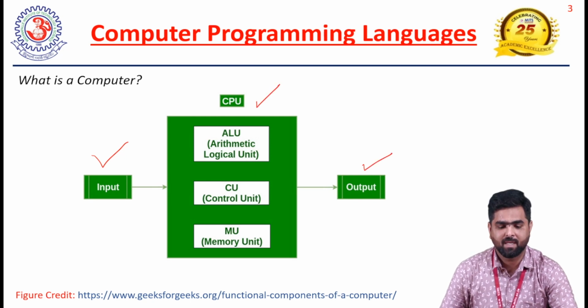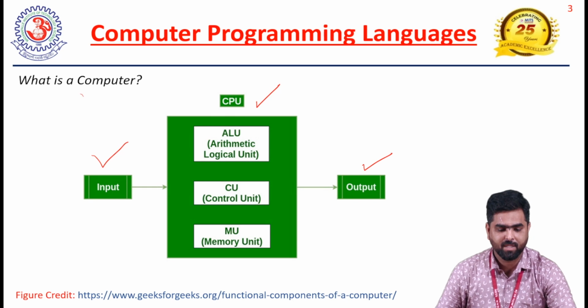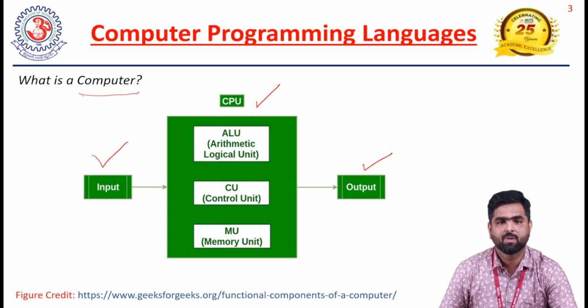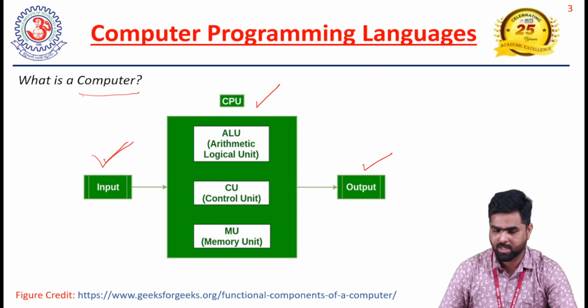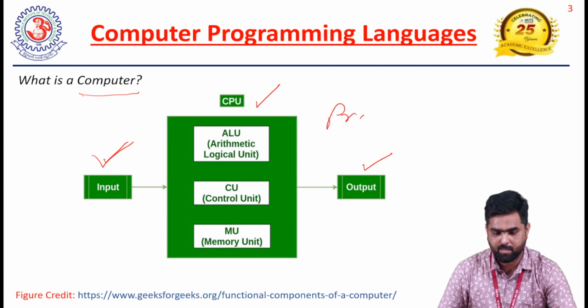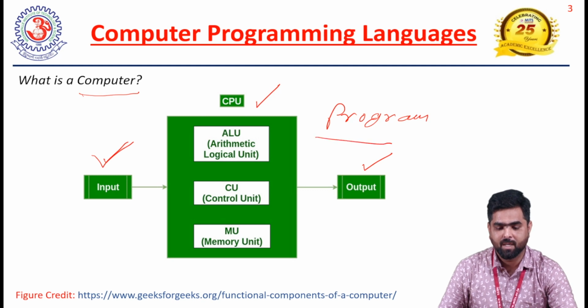As I told you, this computer is a machine, so we should give a series of instructions in order to process the input data we are providing to complete a task. And this series of instructions we can call a program.